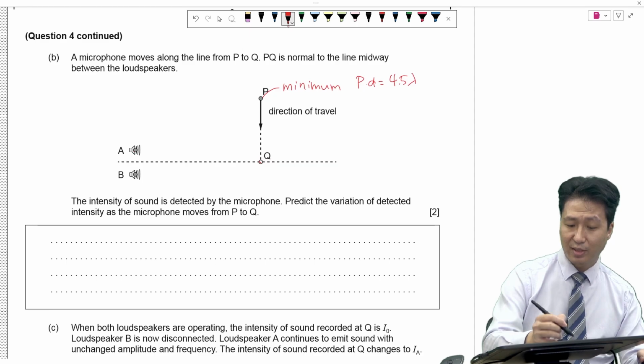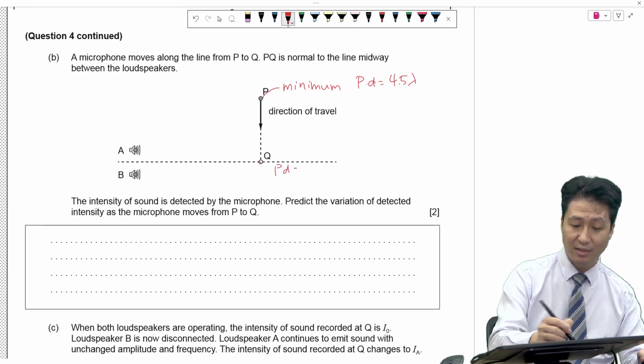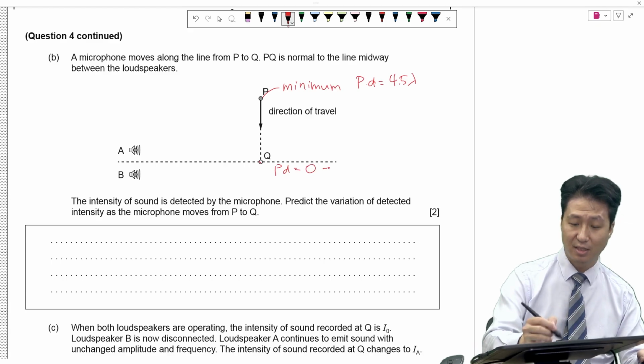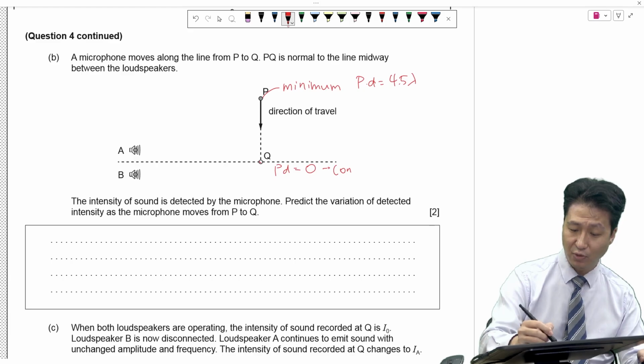What about at Q? At Q, they're exactly the same distance from A and B. So here the path difference would be 0 wavelengths. And instead of being destructive, this means this is a constructive interference point, and it's a loud or higher intensity point.